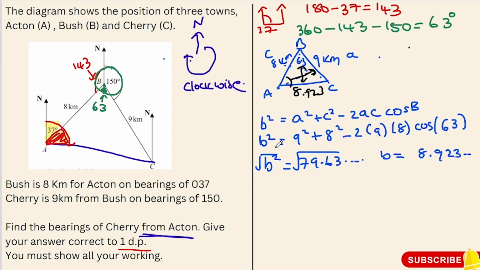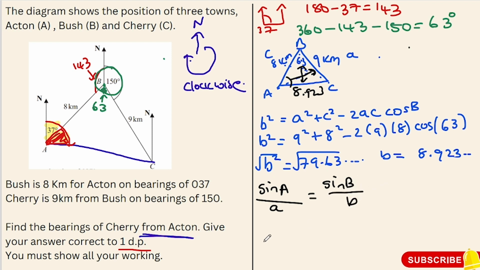Because I'm interested in the angle, I'm going to say sine A. I'm going to put the angle at the top, so on the numerator, and this side in the denominator. Same on the other side, sine B over small b.